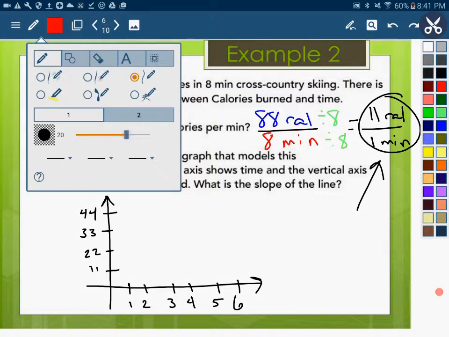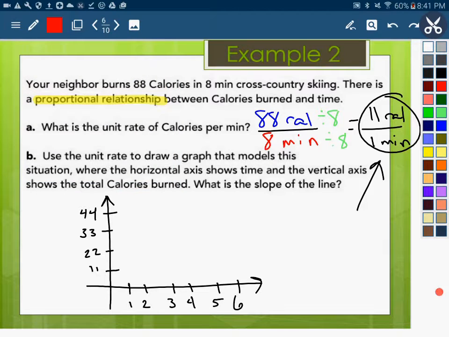Since this is proportional, the unit rate is actually there. So for 1 minute that goes by, 11 calories are burned. That means if 2 minutes goes by, 22 calories are burned. If 3 minutes go by, 33 calories are burned. If 4 minutes go by, 44 calories are burned. Now I know my points don't look perfectly in a straight line, but that's because my graph is a sketch and my tick marks are not perfectly evenly spaced.